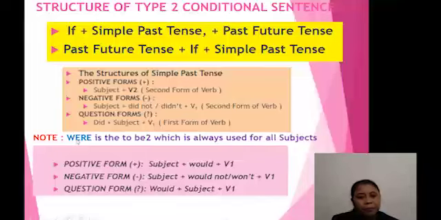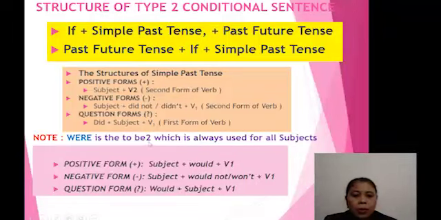Remember, the to be used is only were. This is the to be which is always used for all subjects. For all subjects, we do not use was, but were, for the type 2 conditional sentence. Can you understand this? Okay.